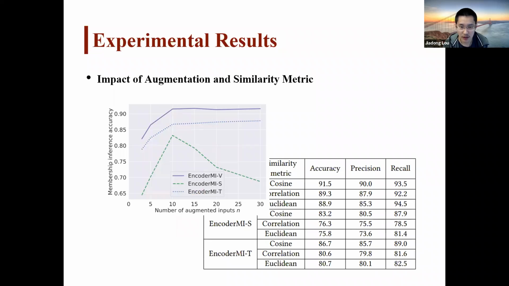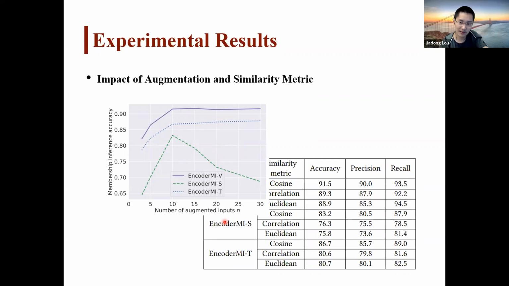The author explains that the reason is when the augmented input increases, the number of pairwise similarity scores in the membership features increases proportionally, because each two of them will have a similarity score, and then making the set-based classification harder.